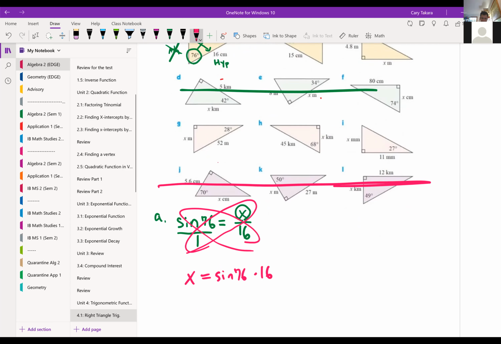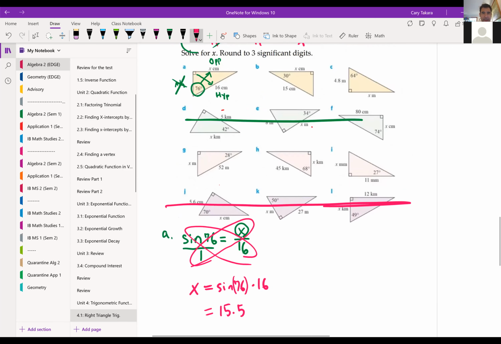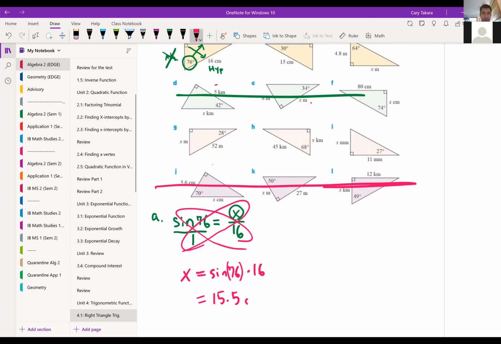Sine of 76 times, again, please don't forget to close the parentheses. Some calculators put the parentheses automatically around the angle measurement. So make sure that you close that, and then times 16. I get 15.5. Let's write down the unit too. What is it? Centimeter. So you get that?